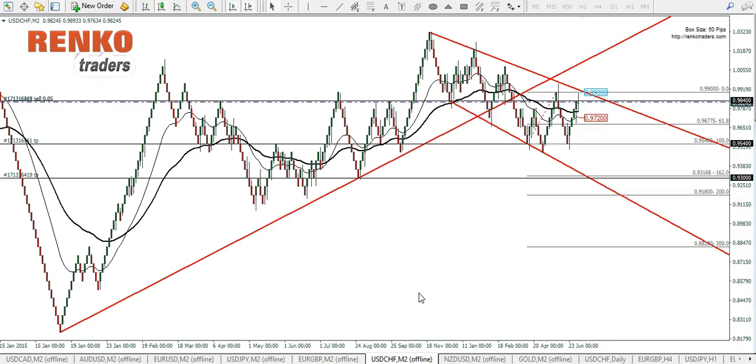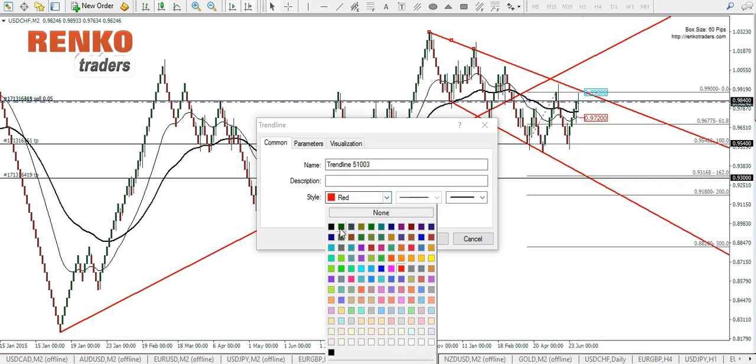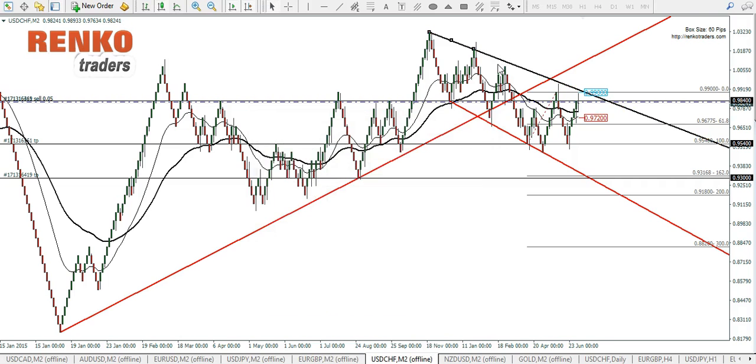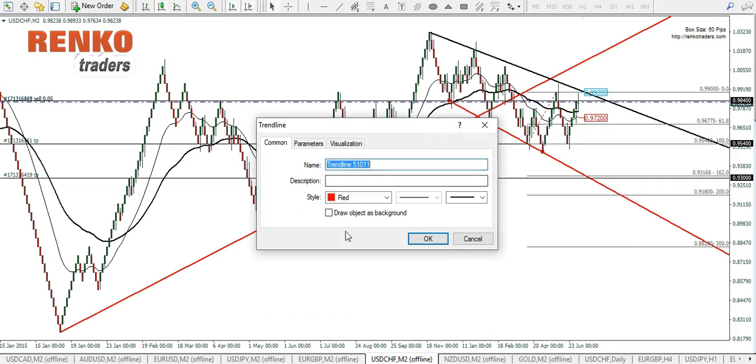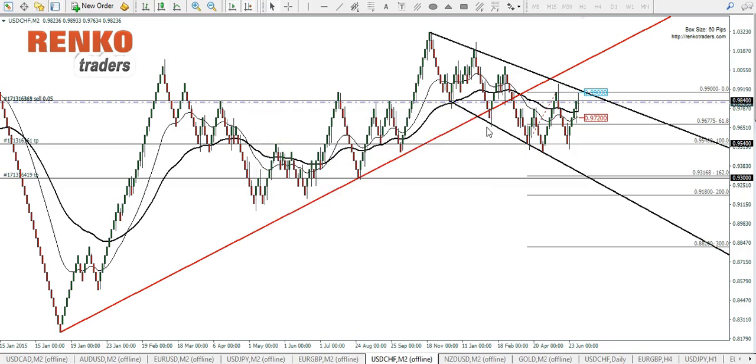Yeah, for the dollar Swiss franc, there's something interesting happening. You've got the broadening wedge pattern that's formed here, a broadening wedge or a broadening funnel. And what you have here is the contact points 1, 2, 3, 4, 5.